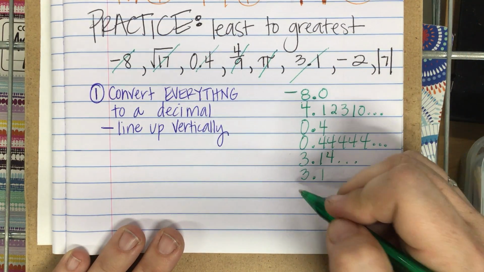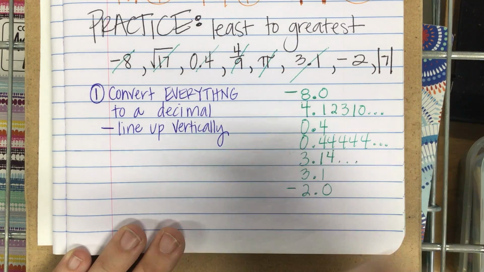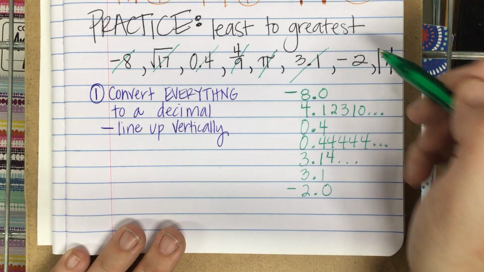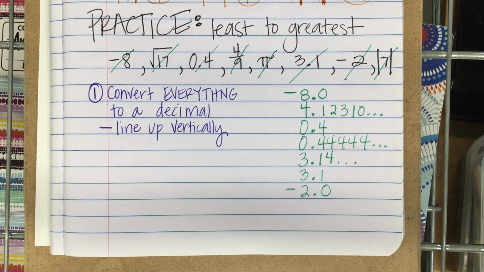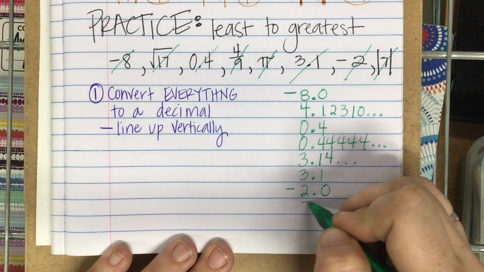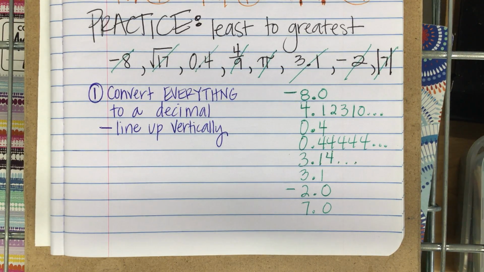Then I get negative 2.0. And last, the absolute value of 7 is 7.0. All right. You're okay. Keep with us.